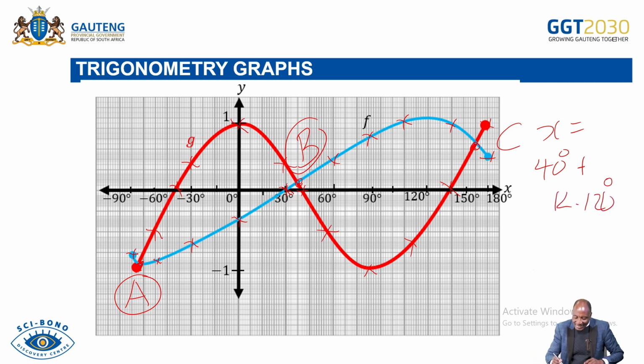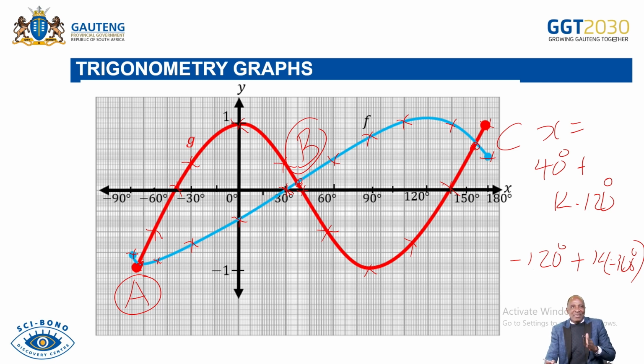You are going to generate the points where they meet. Then you move on to another solution. It said negative 120 degrees plus k times 360 degrees. This is what you are going to use because the answers are not obvious today.